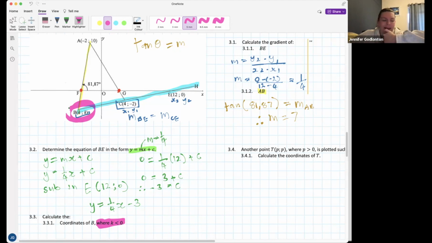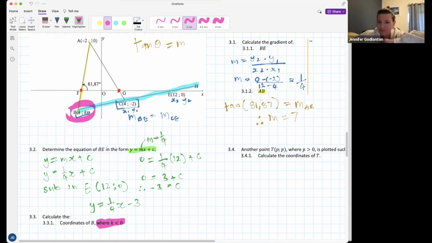Sub in point E. Okay, let's have a look at that. We can definitely use the fact that we know E. What if you just worked out in 3.2? Use the answer in 3.2 and make it an inequality.